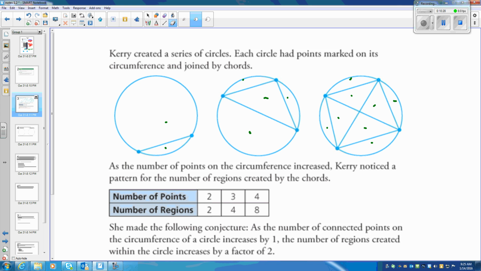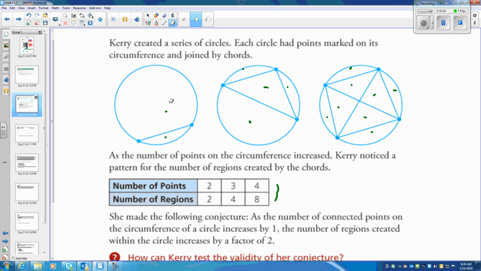After looking at this for a while and looking at her chart that she created, this girl made a conjecture. As the number of connected points on the circumference of a circle increases by 1, the number of regions created within the circle increases by a factor of 2. So what does that really mean? That means that when she has 5 points, how many regions is she going to draw? 10.